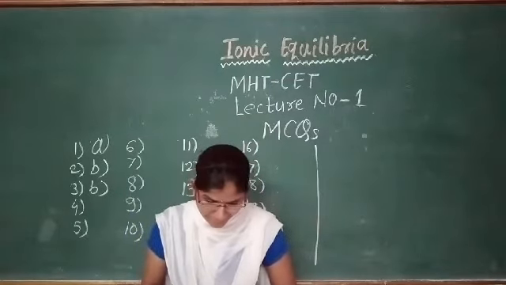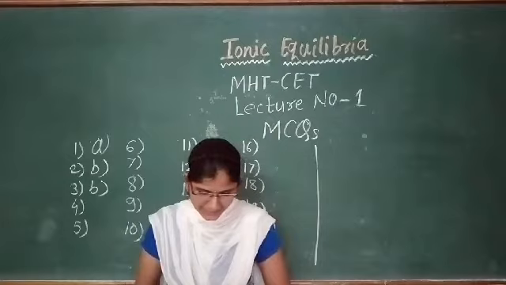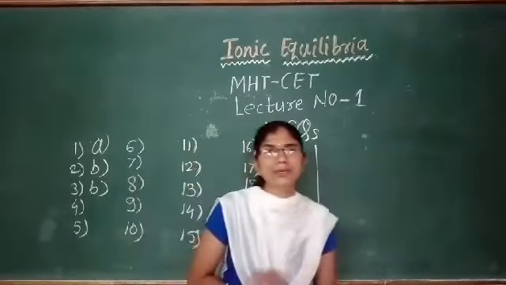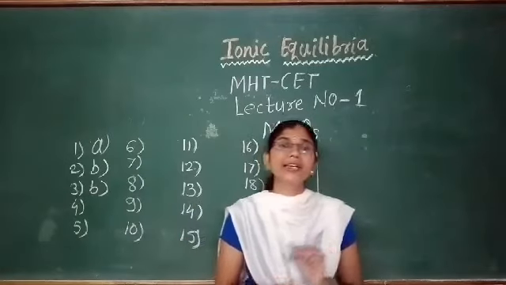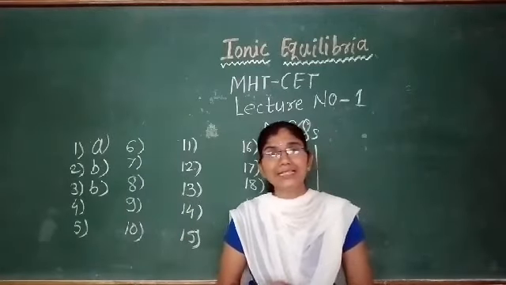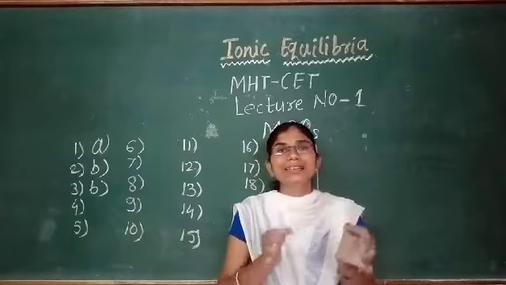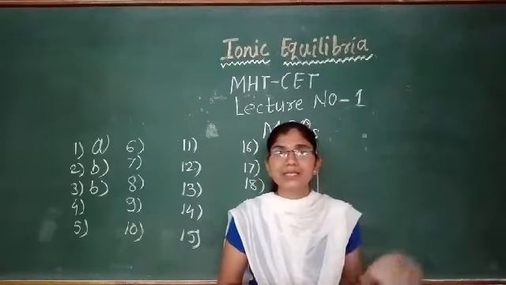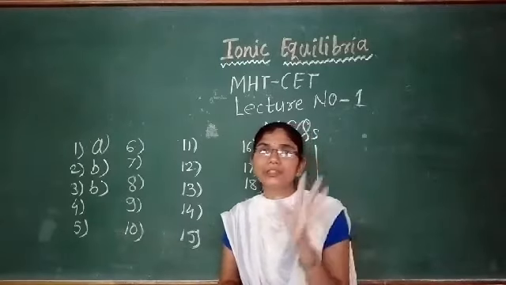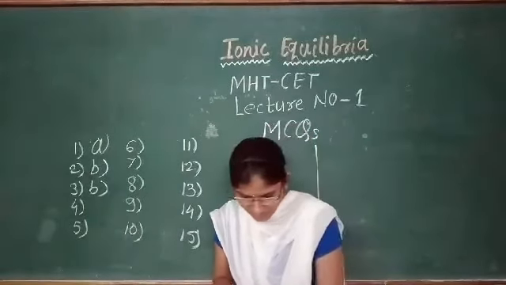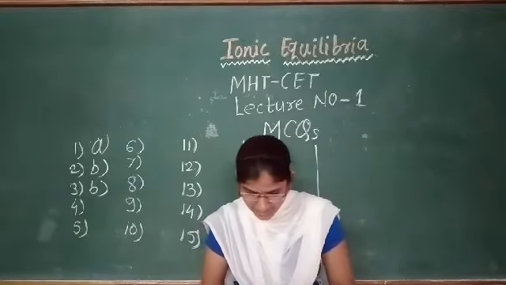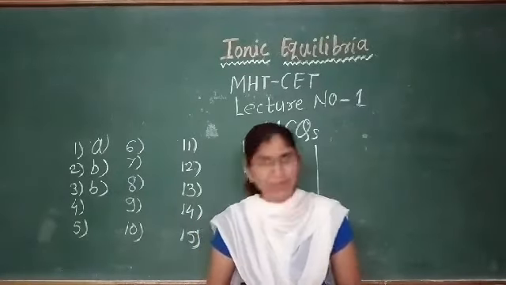Question 4. According to the Lewis concept, an acid is. We have seen the Lewis acid-base theory. According to the Lewis concept, an acid is an electron pair acceptor and a base is an electron pair donor. Is an acid a proton donor?